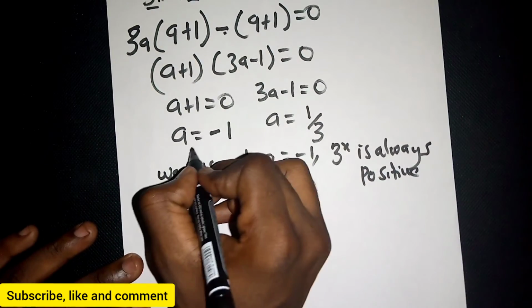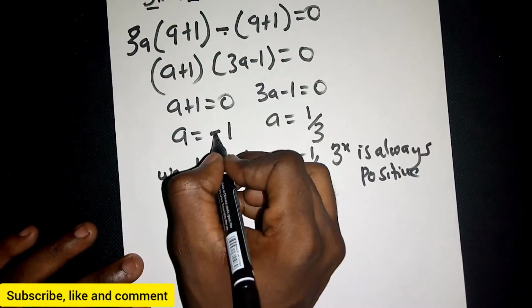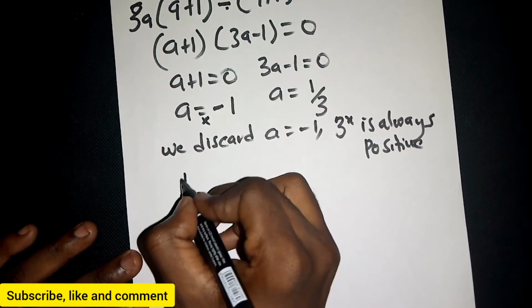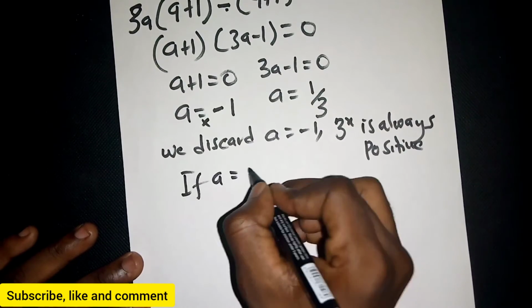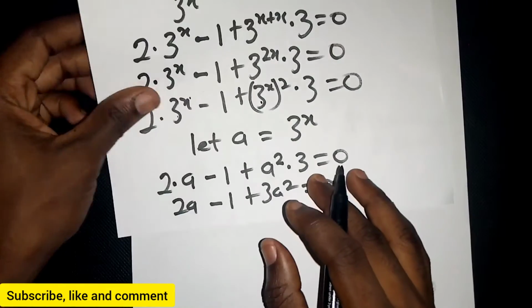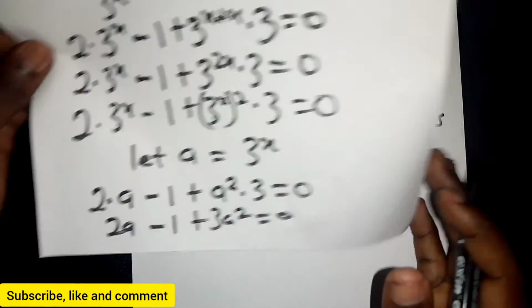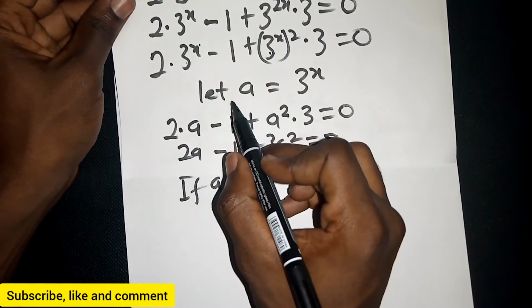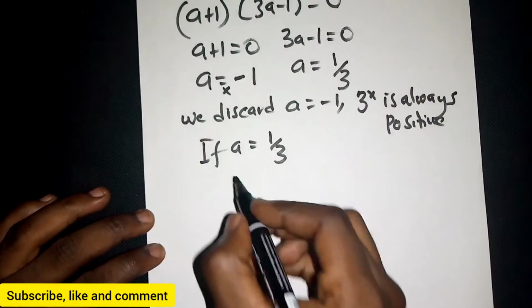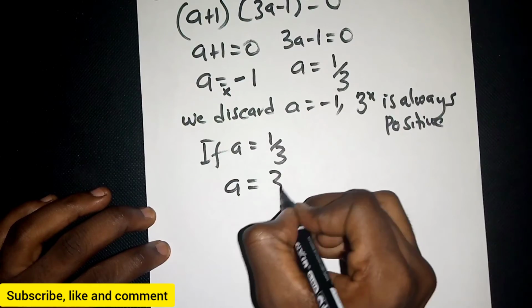So we discard a equal to negative 1. Then we take a equal to 1 over 3. What we did over here is that we said let a equal to 3 to the power x. So we have a equal to 3 to the power x.